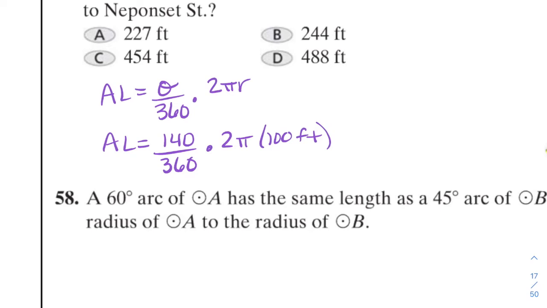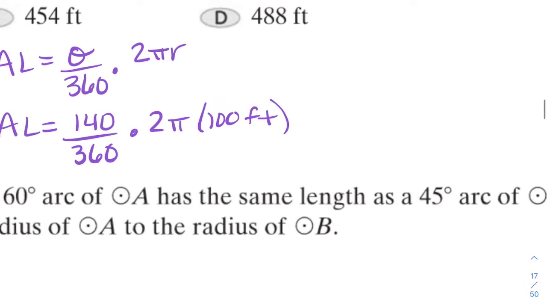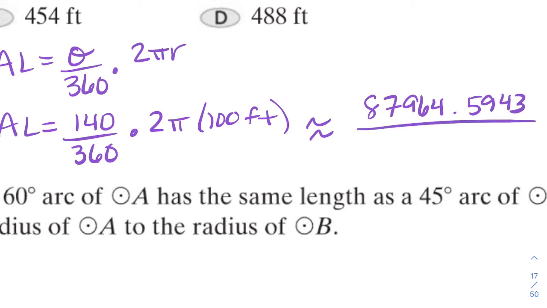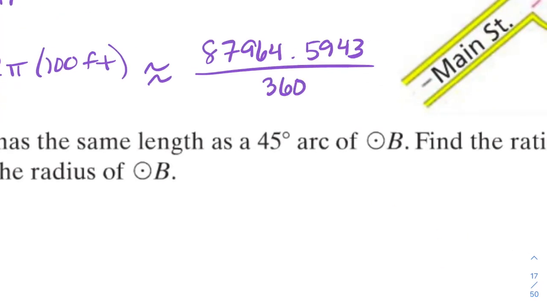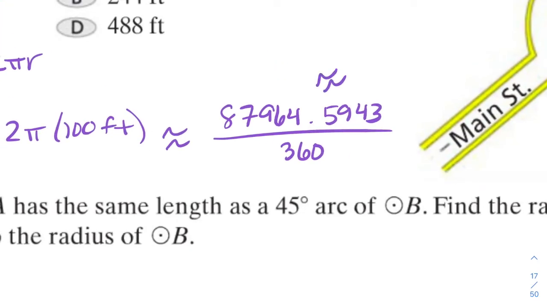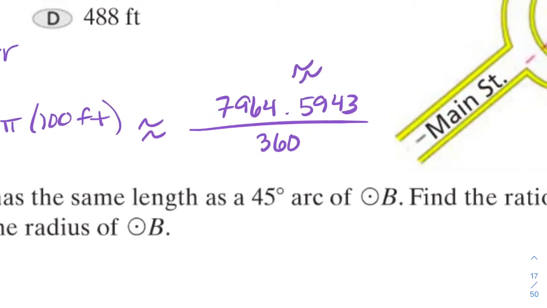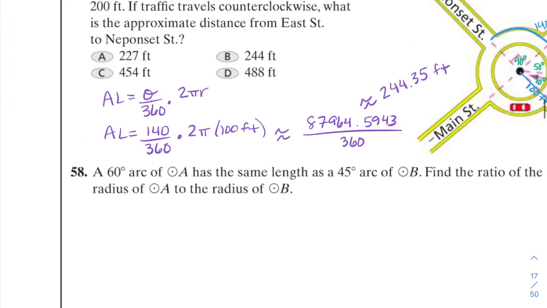So I'm just going to multiply everything across. 140 times 2 times pi times 100 is equal to about 87964.5943 over 360, which approximately equals 244.3435 feet. Let me see if I can clean this up.